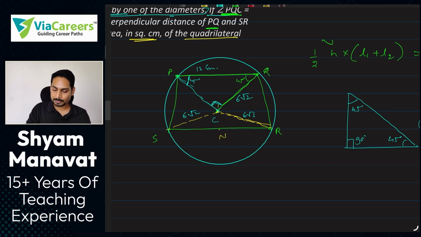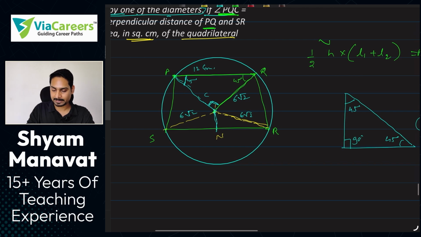Now, if you draw a perpendicular from here, CN, this perpendicular, for now I write C on this side. Then we have a right angle triangle once again here, right? So we can apply Pythagoras theorem, but before that, we need to know one more side of this right angle triangle SCN. This side we know, 6 root 2, for this triangle.